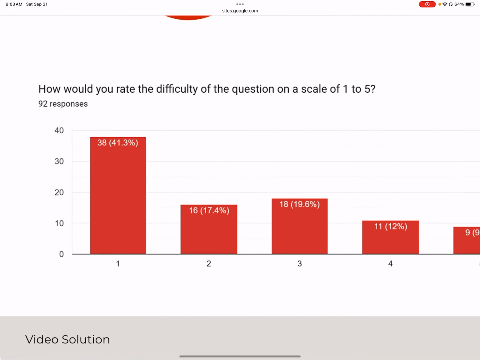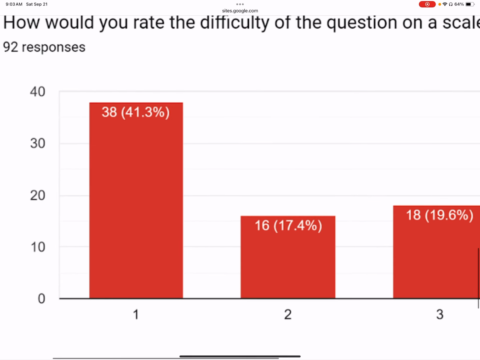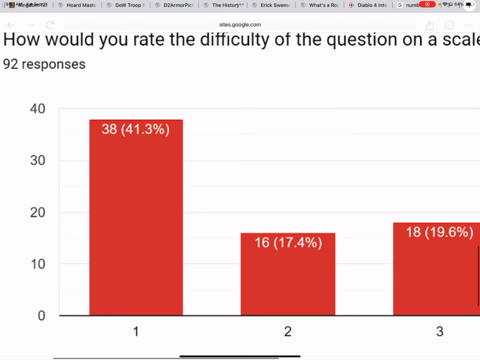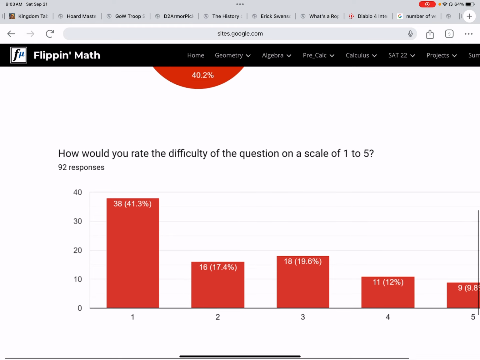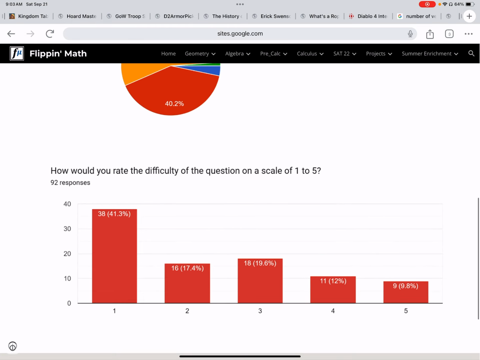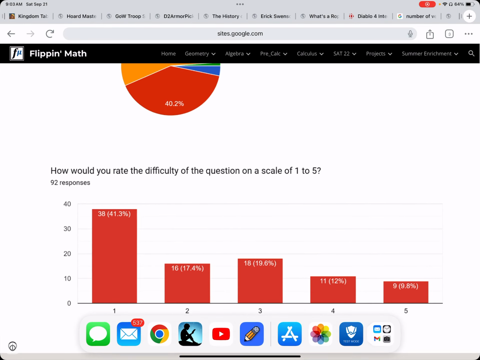Here's what I find very interesting: of the 38 people who thought this was an easy question, 22 were incorrect. College Board has been at this for quite a long time, and they know how to make a deceptively simple question, of which this turns out to be one.